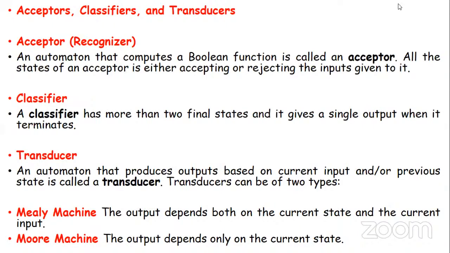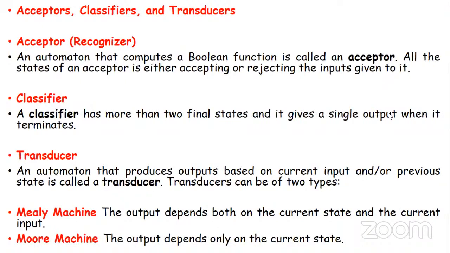So, of course, we have looked at what Mealy machines are and what Moore machines are. So generally, FSAs or automata can be looked at as acceptors, classifiers, and transducers. An automaton that computes a Boolean function is called an acceptor. All the states of an acceptor are either accepting or rejecting the input given to it.